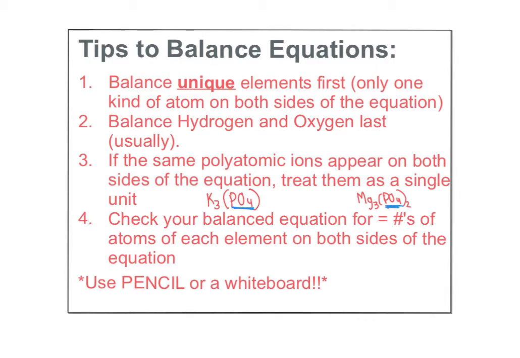I have 1 PO4 on this side because there's no number outside the parentheses. I have 2 on this side. That's a lot easier than saying how many P's on the left and how many P's on the right, how many O's on the left, how many O's on the right. Instead, I say how many PO4 groups, and I can show you an example of that.